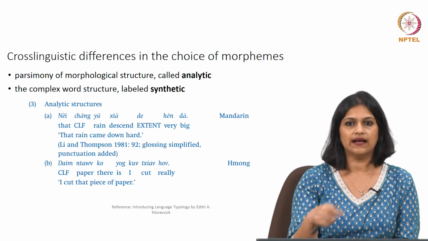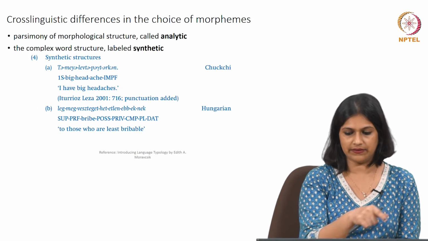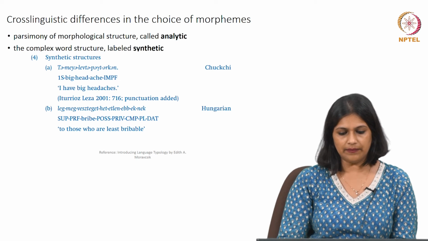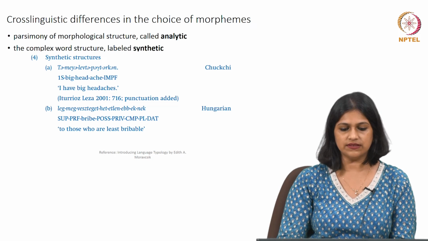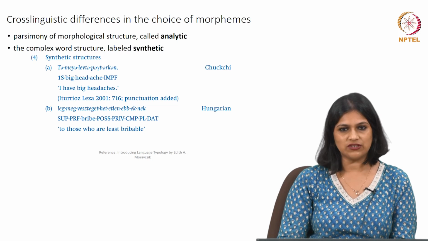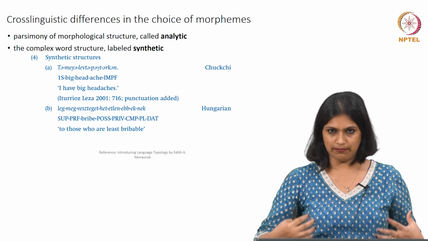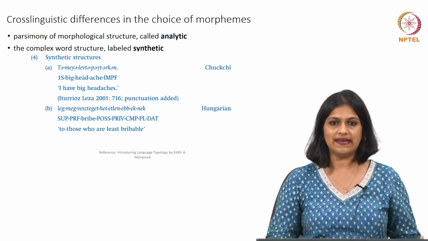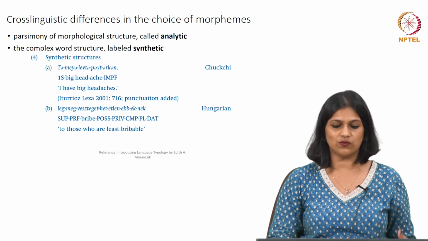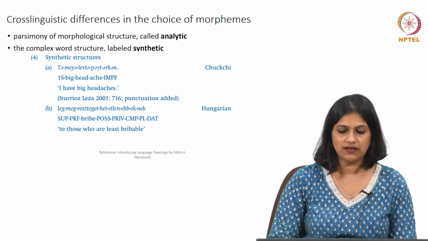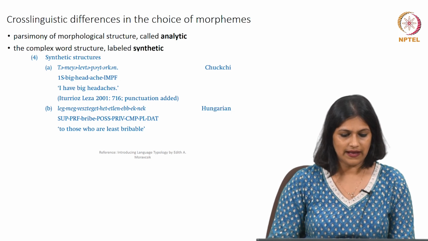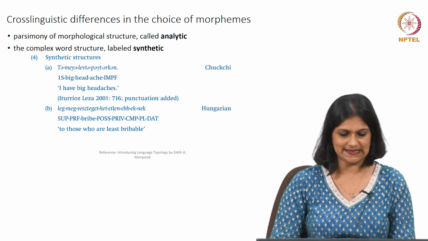Now, let us see how to identify the synthetic languages. As I just mentioned, synthetic structures must have many pieces of information, or many morphemes, at one go. Let us look at the Chukchi data given over here. I have big headaches, right.